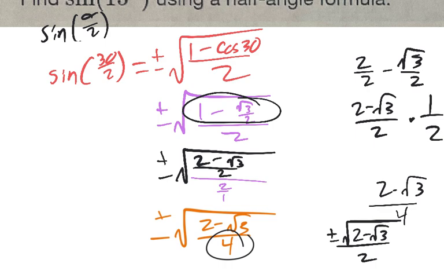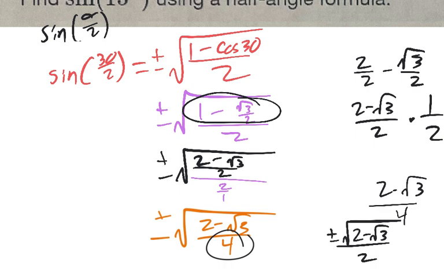Now the last thing I have to do is decide if it's the positive or the negative. Well, look back at what my angle is. My angle is 15. It should be positive because we're taking sine of 15 in the first quadrant.